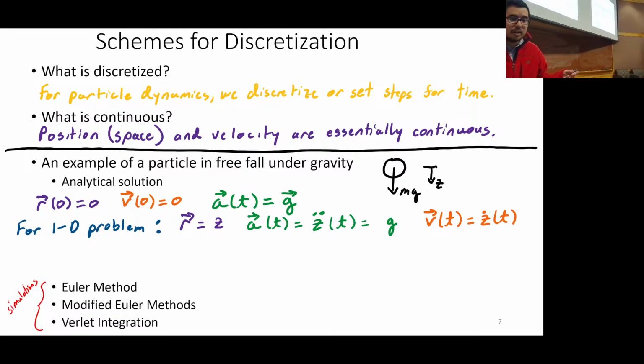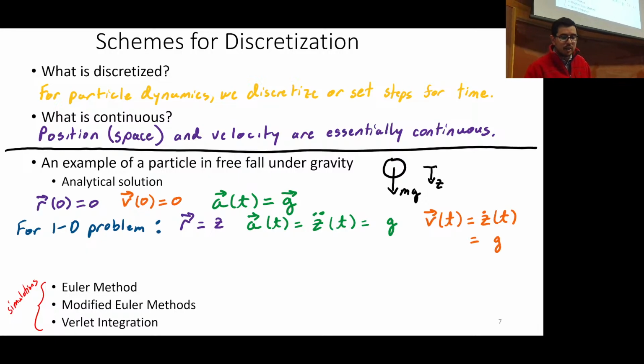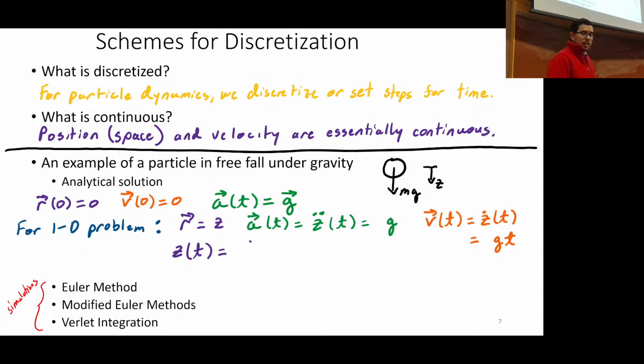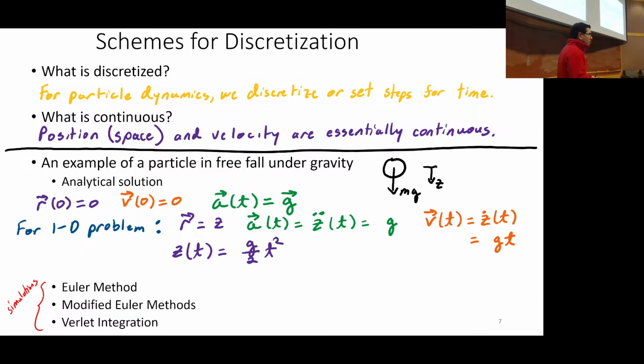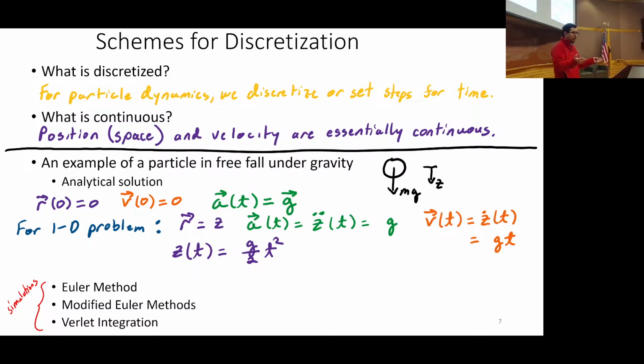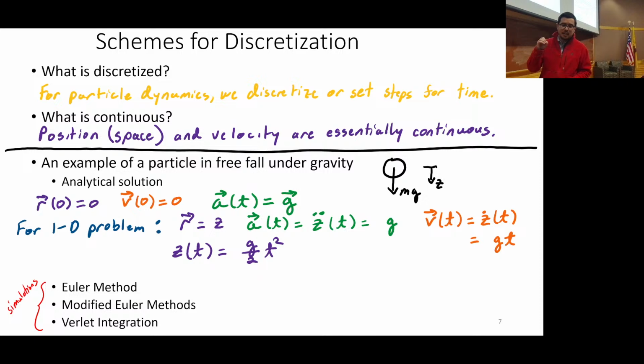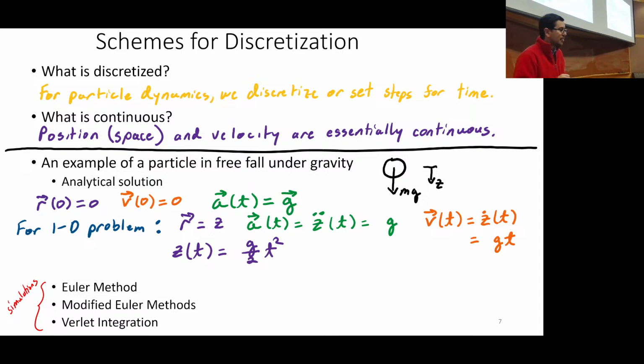I integrate the acceleration, so I get it's g times t. Okay? And then if I want to know position, what do I do? I integrate again. And these are indefinite integrals, but since we said that the initial position and the initial velocity is 0, those constants are 0. Okay? This is the exact solution.